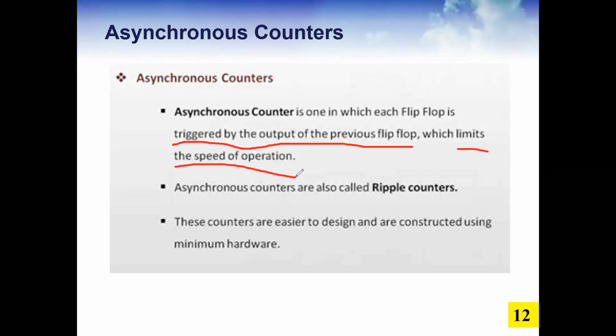Why? Because not all flip flops trigger at the same time. In order to trigger one flip flop, it needs to wait for the output of the previous stage. That's why speed is less here. It is not as fast as the synchronous counters.